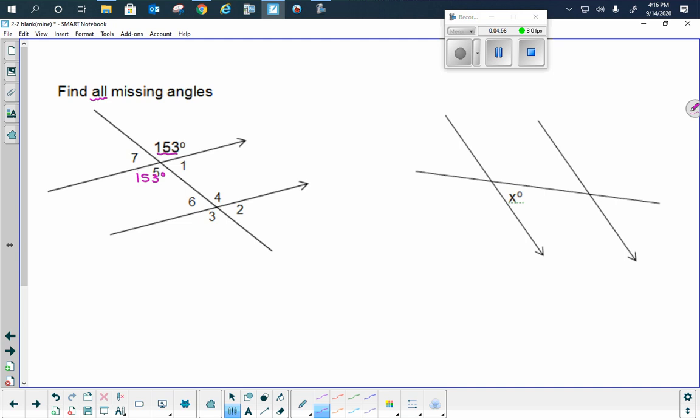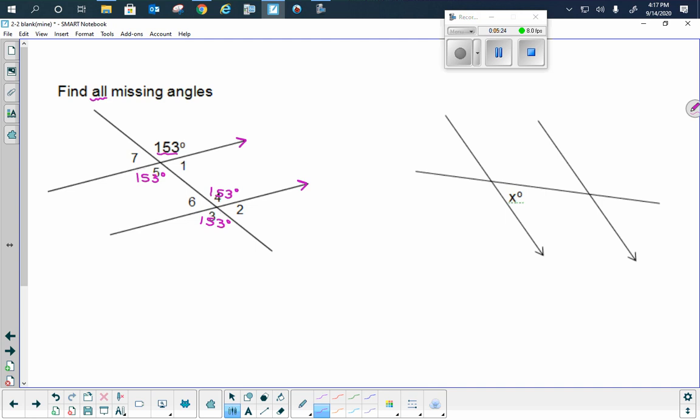Since angle 5 and 4 are alternate interior, this would also be 153 degrees. And why are these equal? Remember, those arrows mean that those are parallel. They do have to be parallel for those to be equal to each other. Again, 3 and 4 are vertical, so I know this one is 153 degrees.